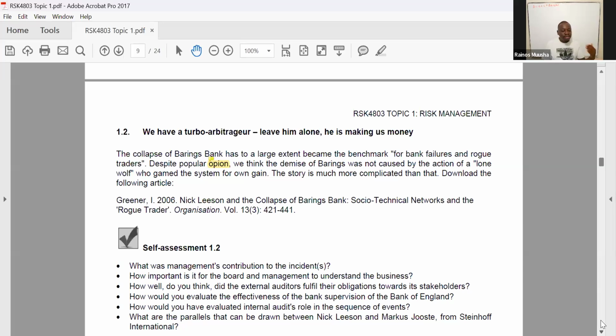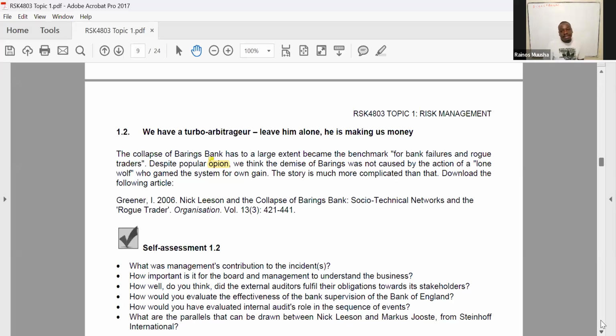But now, when the losses start accumulating because of certain things that he did wrong as well, he was able to start hiding those losses in a particular account. And when he was hiding those losses in a particular account, you find that it ended up with Bearings Bank being declared bankrupt, and an institution which was more than 100 years old ended up being foreclosed as well.